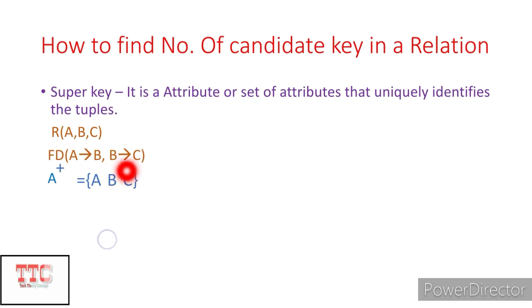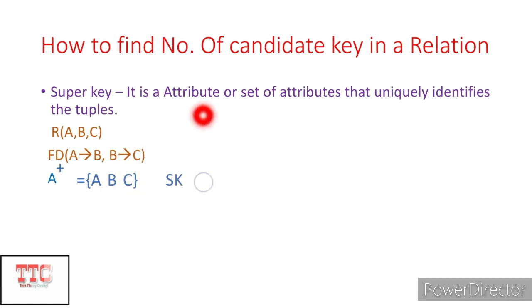This is the closure of A, because we have checked all the given functional dependencies and no functional dependency starts from C. This is a super key, as we can determine all the attributes from the closure of A. So this is a super key.